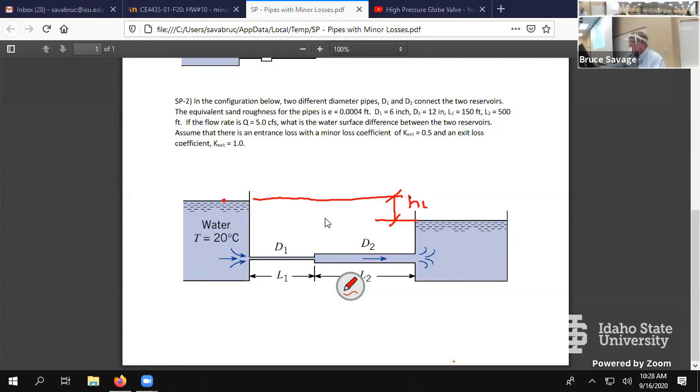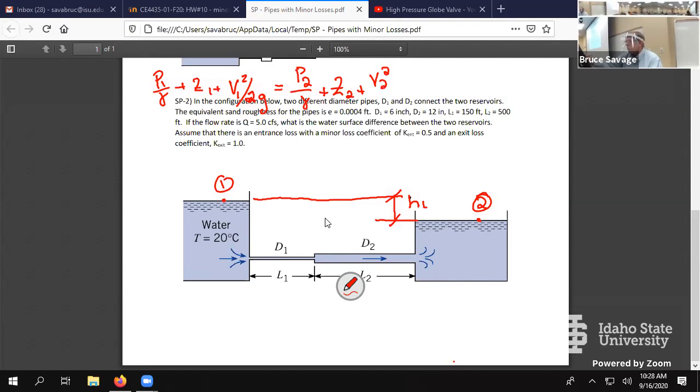So if I make this right here 1 and 2, then we're going to have P sub 1 over gamma plus Z sub 1 plus V sub 1 squared over 2G equals, sorry, not plus, P sub 2 over gamma plus Z sub 2 plus V sub 2 squared over 2G plus the head loss, okay?